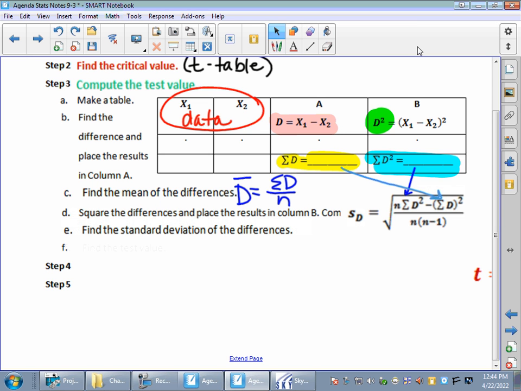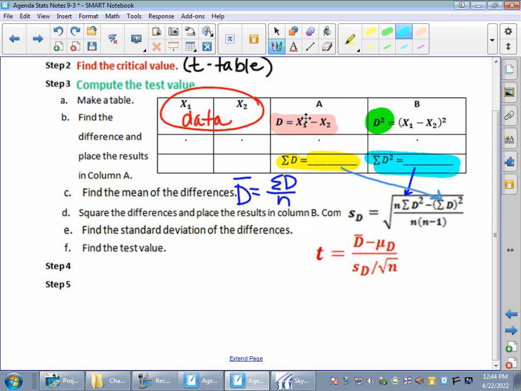Now that we've done all of that, we're actually going to do what it says, compute the test value. So our formula, remember, is this. We jotted that down a moment ago. T equals D bar from step C minus mu sub D, which turns into a 0, all over the standard deviation divided by the square root of n. So we had to do all those steps in order to calculate the bits and pieces.